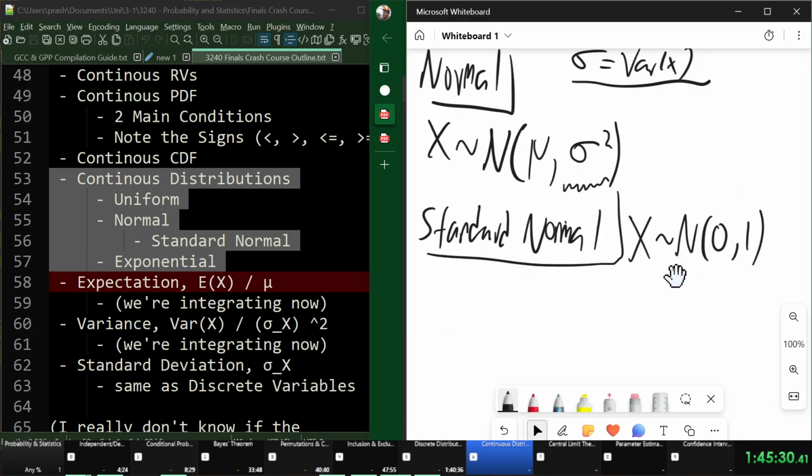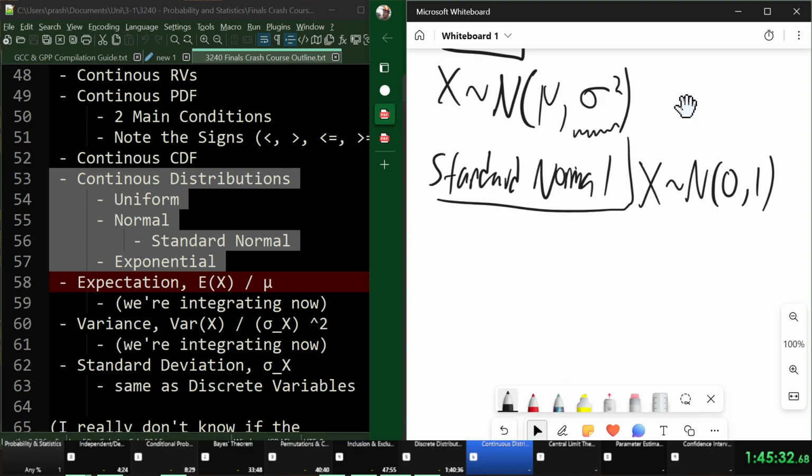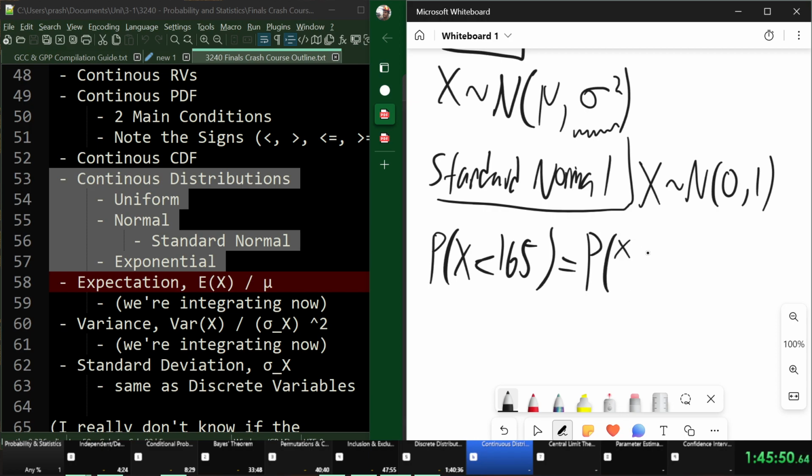This can be done by x following this earlier up here. So let's go back to our height example. We had something like this. To shift this into the standard normal, what we will do is we take x and we minus mu. This takes the bell curve, which could have been like this, where 0 was here and mu was over here.